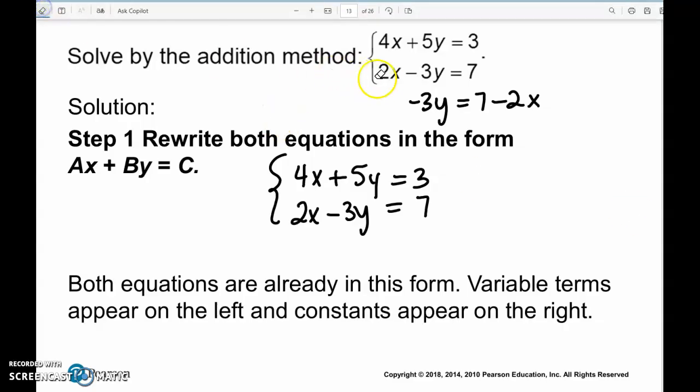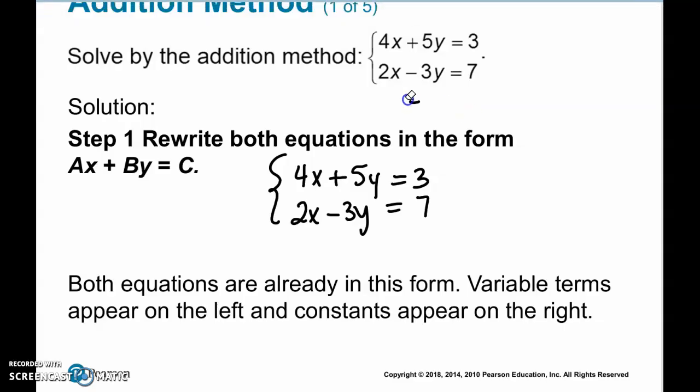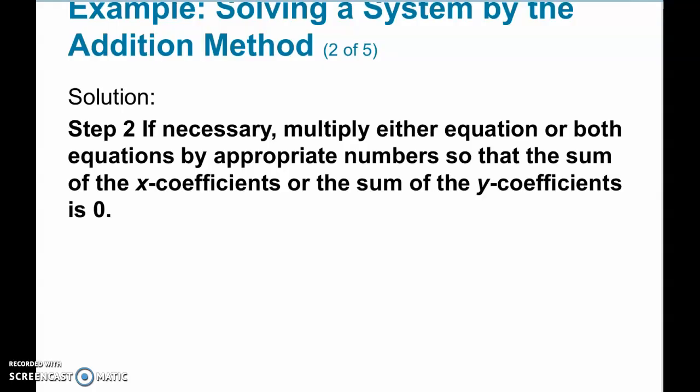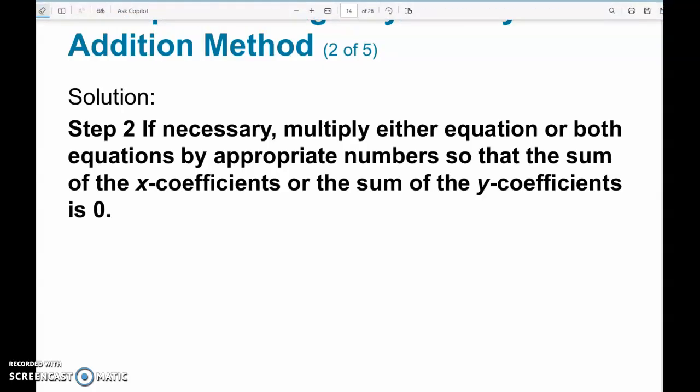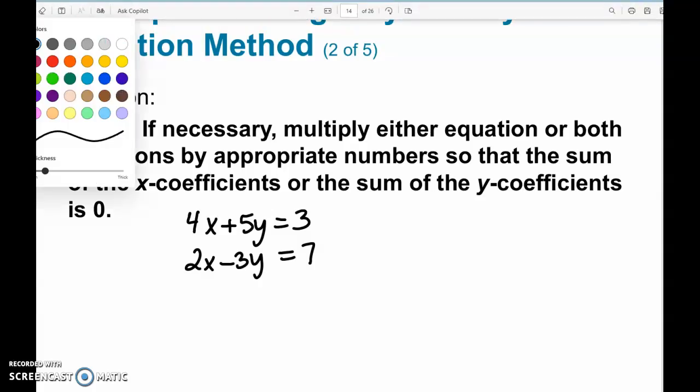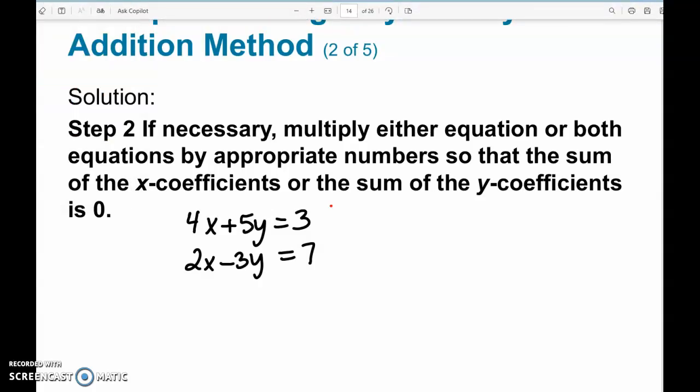All right, so now we're going to move on to step 2. Step 2 says, if necessary, you want to multiply either equation or both by a number to create those opposite coefficients. So there are different ways you can do step 2. Let me show you one way. The easiest way, we want to create opposite coefficients.